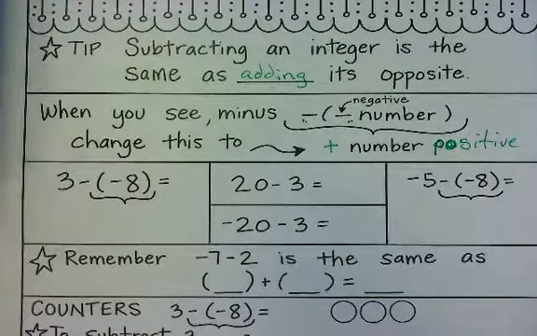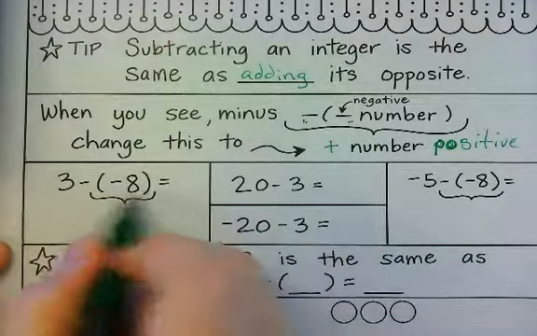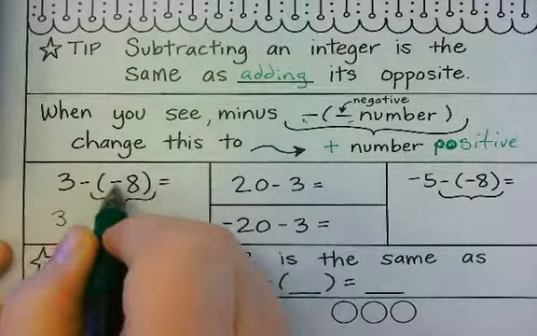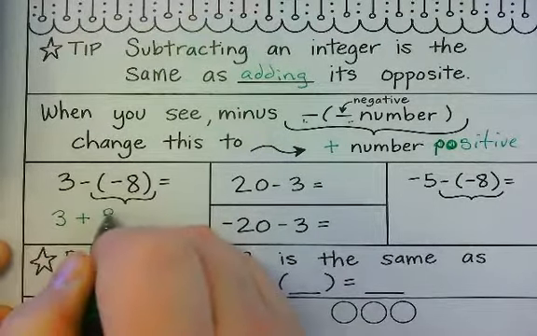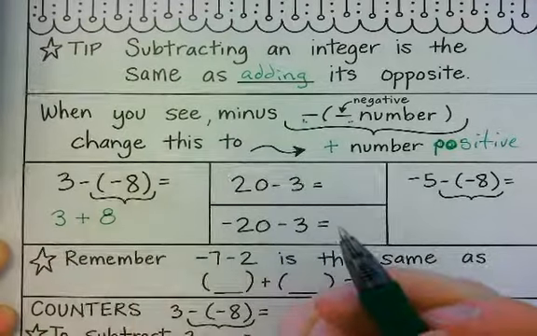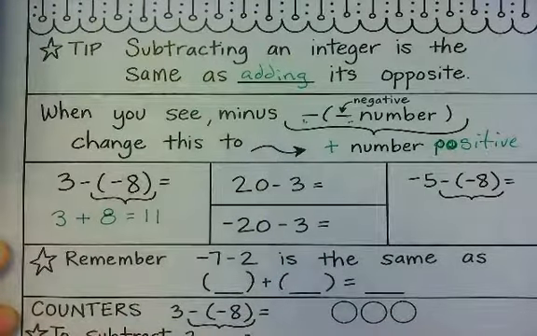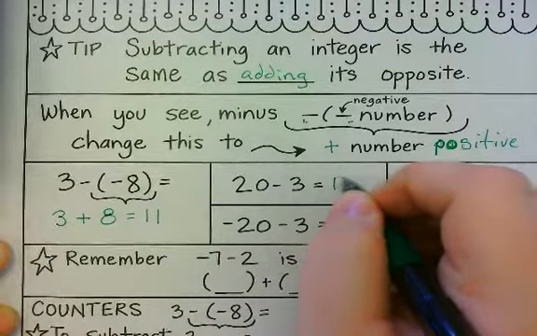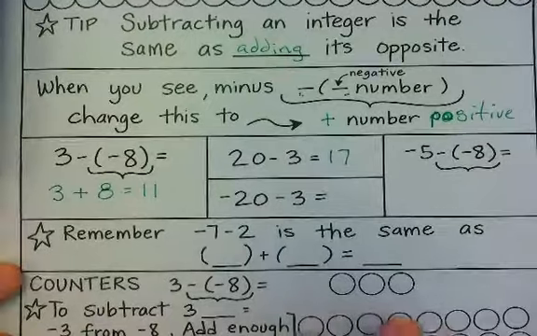Next. So here are examples. 3 minus negative 8. So we change this to read 3 minus minus, right? So we make it a plus 8, positive 8. And that gives us 11. 20 minus 3, well, we know that that is 17 because we've previously learned that.